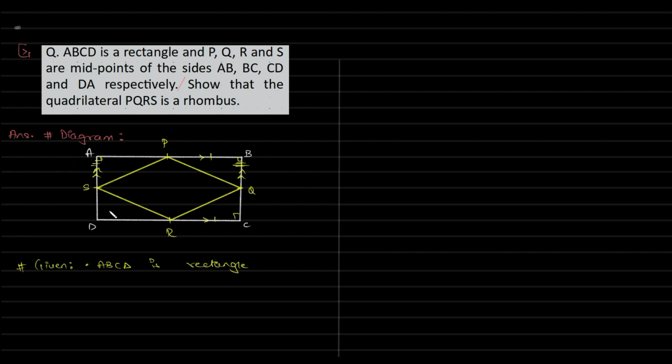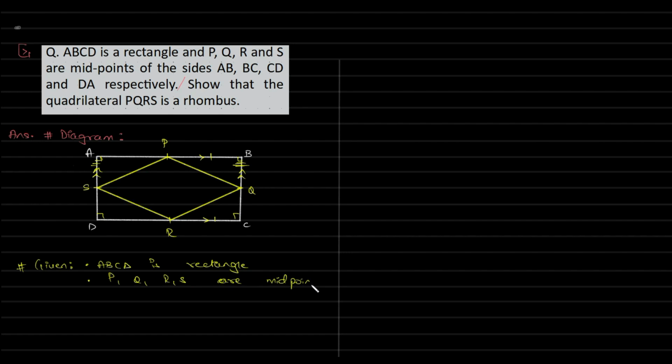That is about the angles, and all the angles are equal by default. And about diagonals, they intersect at an angle of 90 degree. Sorry, they bisect each other. They don't intersect at 90 degree, they bisect each other. That's about diagonals.